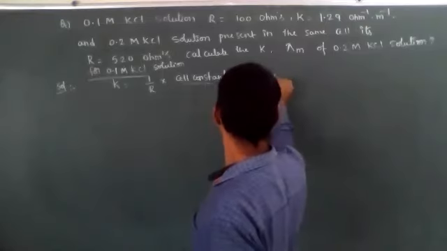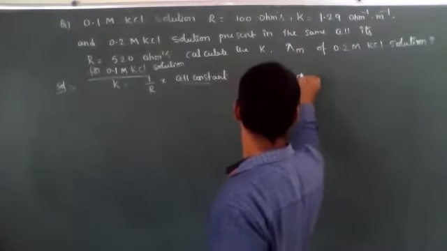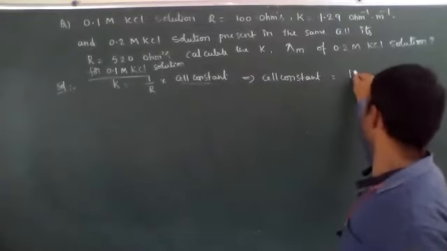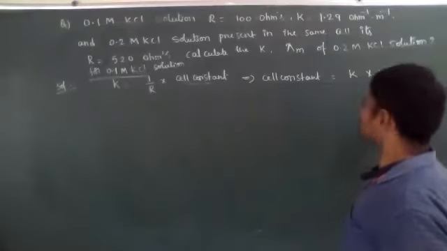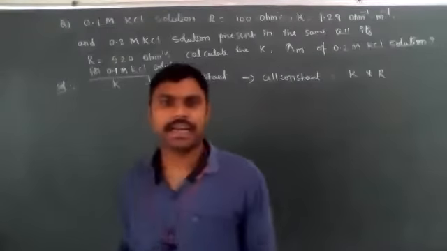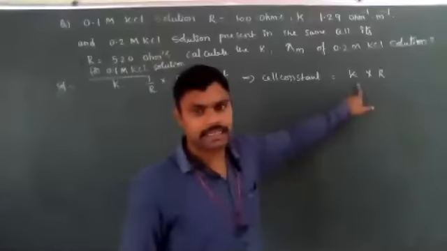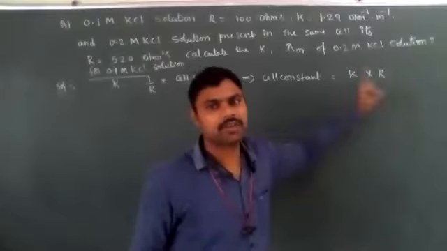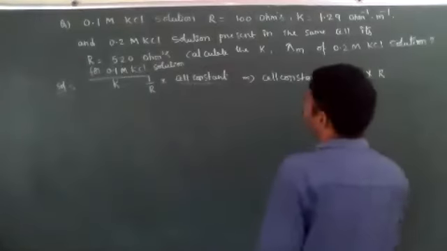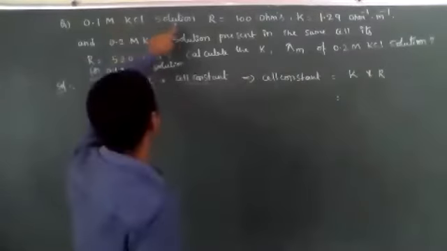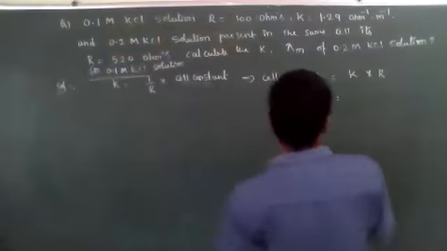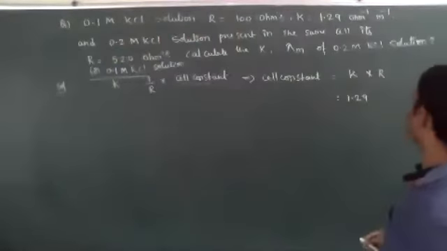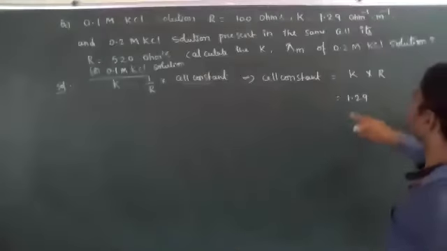From this, cell constant is equal to K into R, that is, conductivity or specific conductance into resistance. So K value, how much they given for 0.1 molar solution? K value is equal to 1.29 ohm inverse meter inverse.